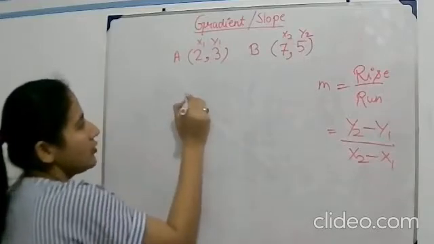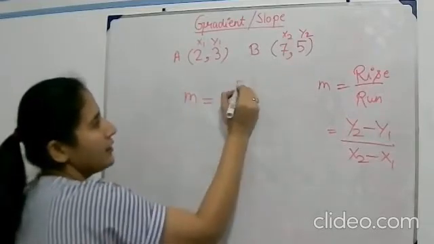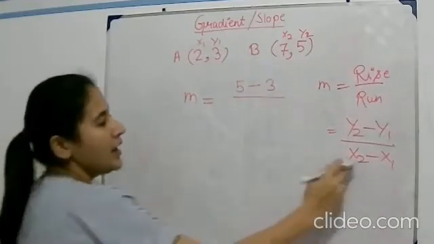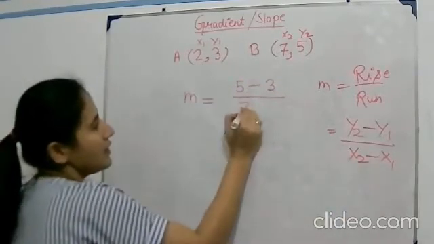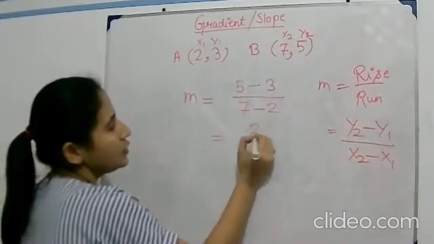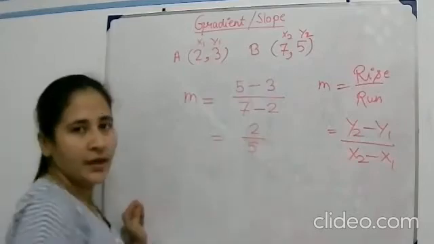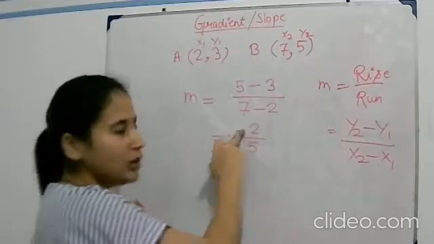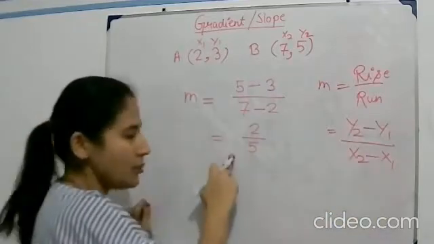So what will be the gradient? y2 5 minus 3 divided by x2 7 minus 2. So it will be 2/5.